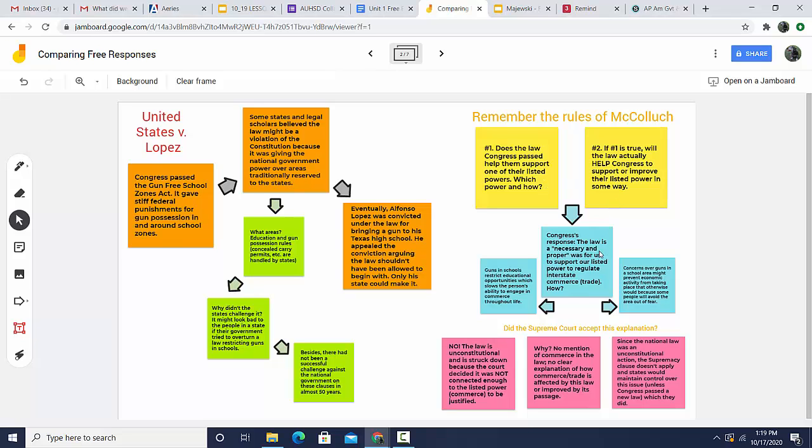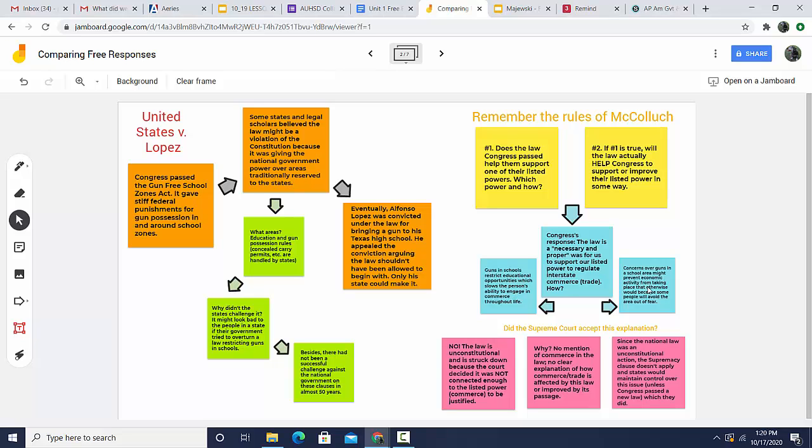So Congress' response in Lopez was, well, the law we passed, right, the Gun-Free School Zones Act, is a necessary and proper way for us to support our listed power to regulate commerce, which is trade. And our reasoning is that when guns are in schools, it restricts educational opportunities, which is going to slow down a person's ability to engage in trade throughout the rest of their life.